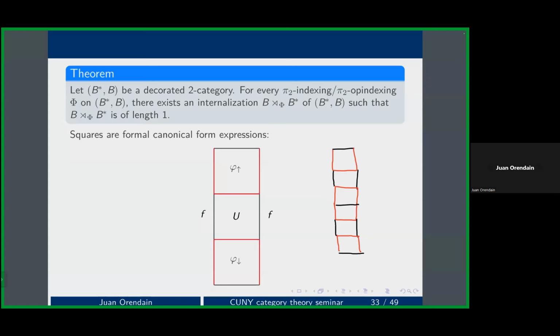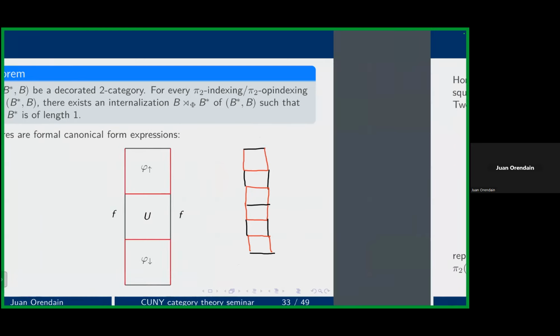Now the vertical composition would be a red boundary square, and you can slide that down or up depending on if you have a π2 indexing or π2 up indexing, and then you make that into a canonical square. And then you get a double category, with horizontal composition, vertical composition, and this sliding up and down operation. And so every length 1 square is a canonical square, and we get an internalization of length 1.